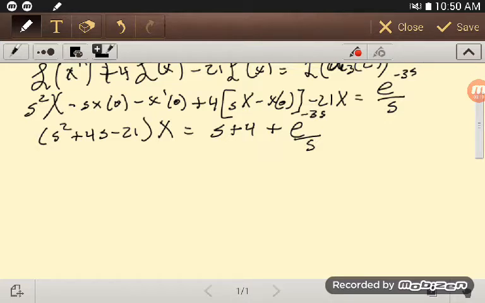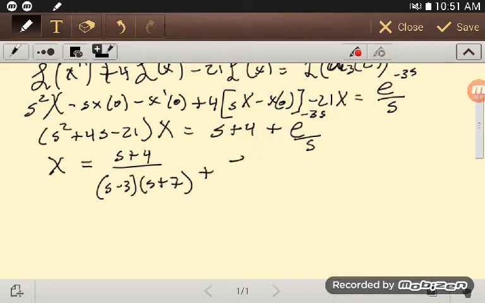Okay, so then factoring and dividing. We factored this thing before, and I'm going to call it s plus 4 over s minus 3 times s plus 7, and then plus e to the minus 3s times 1 over s times s minus 3 and s plus 7.